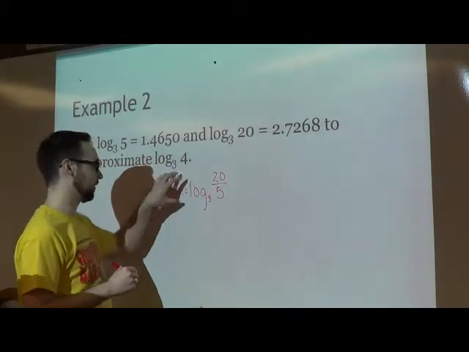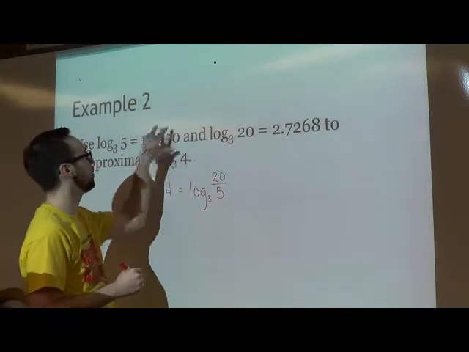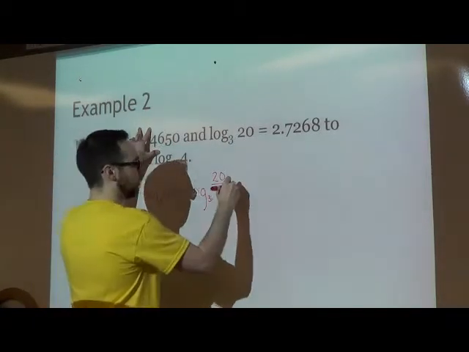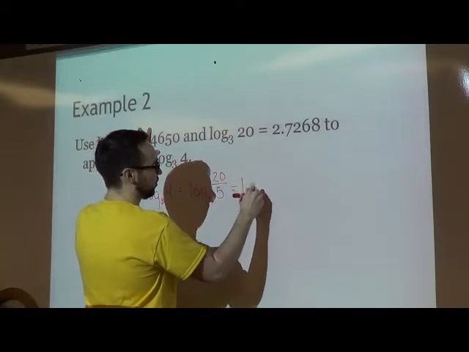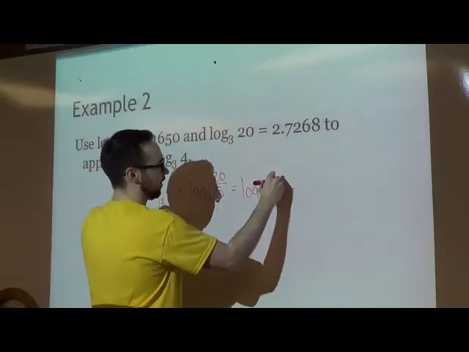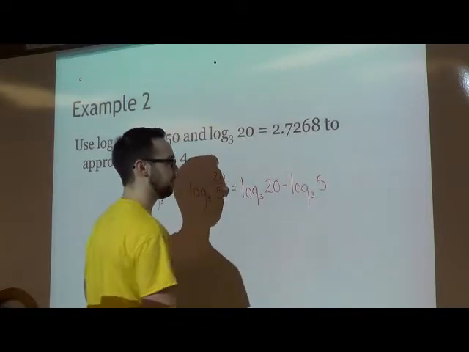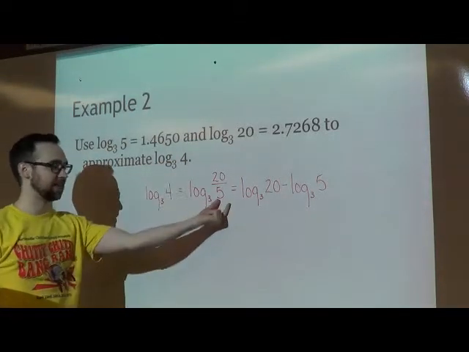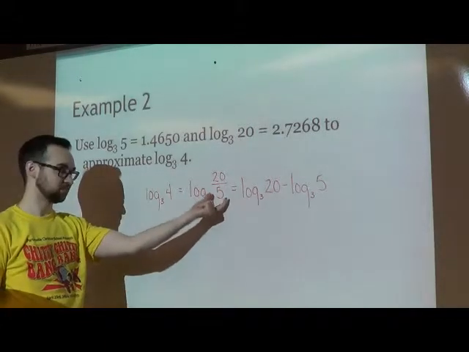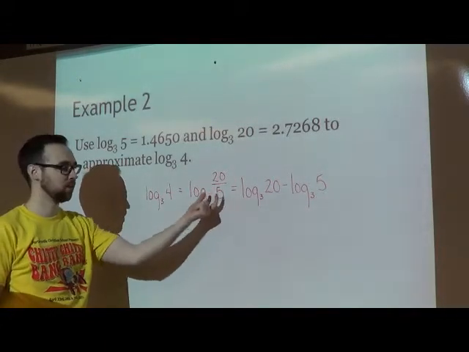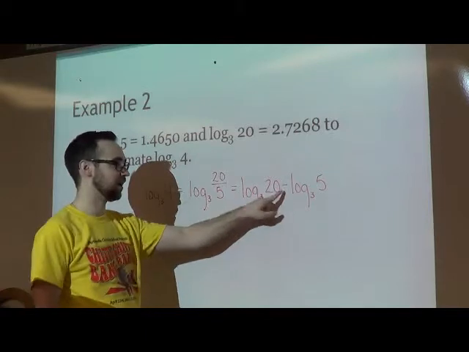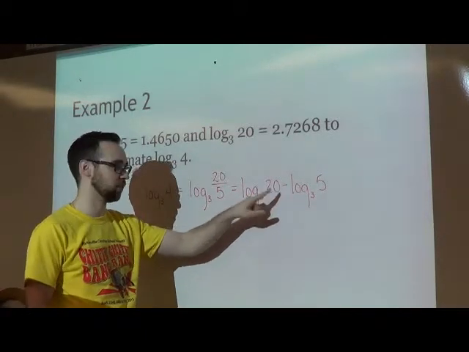All I'm doing is writing this as a division problem of the two numbers that they gave me. So now what I say is log base 3 of 20 minus log base 3 of 5. So I took this number, I made it into a division problem, because 20 divided by 5 is 4, and then this division becomes subtraction of two different logarithms.